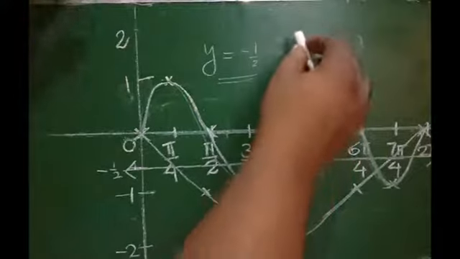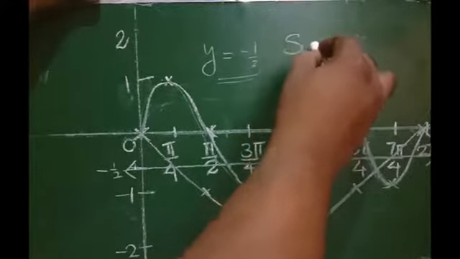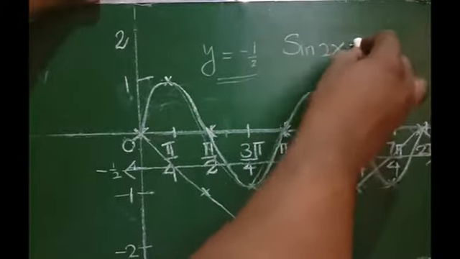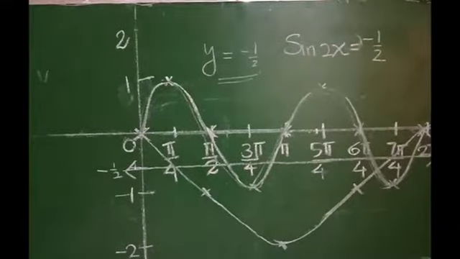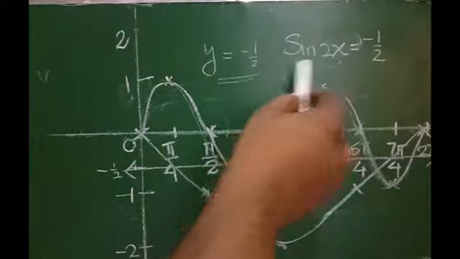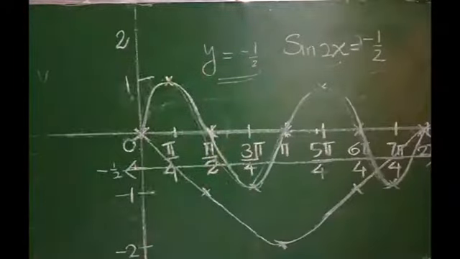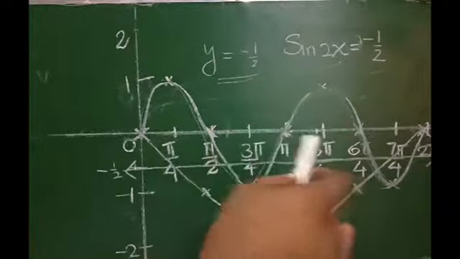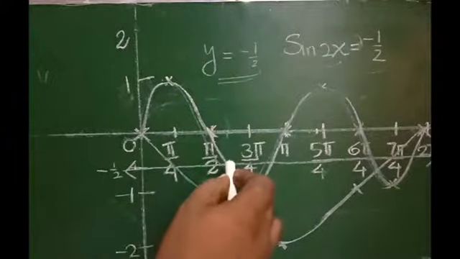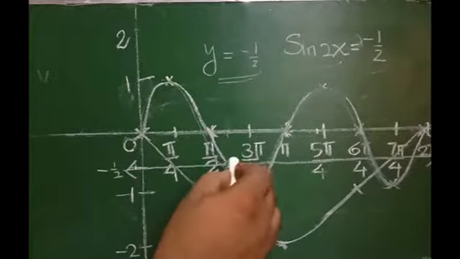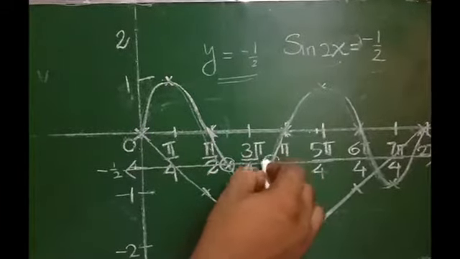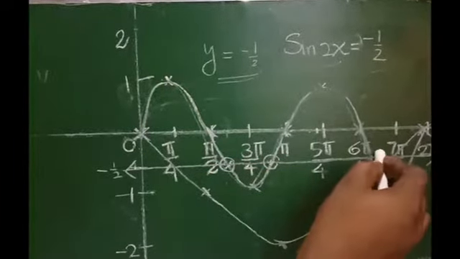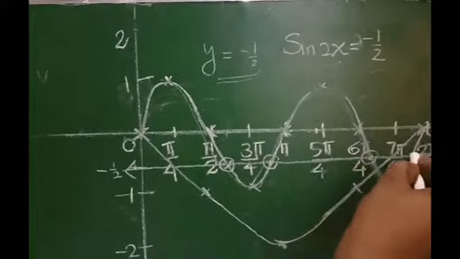So what answer did we get by simplifying that? We got sine 2x is equal to minus half. So our question deals with sine 2x and minus half. So we got both the graphs here. Now you see both the graphs meet at some points. This is one point. This is the next point. This is the third point. And this is the fourth point.